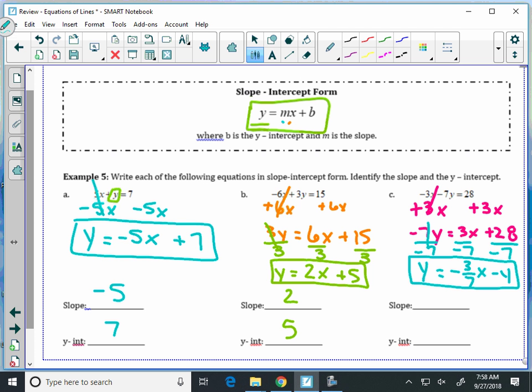What is the slope? Audrey, what's the slope? Good, negative 3 over 7. And the number with the x is the slope. And our y-intercept is what? Brooke, what's our y-intercept?